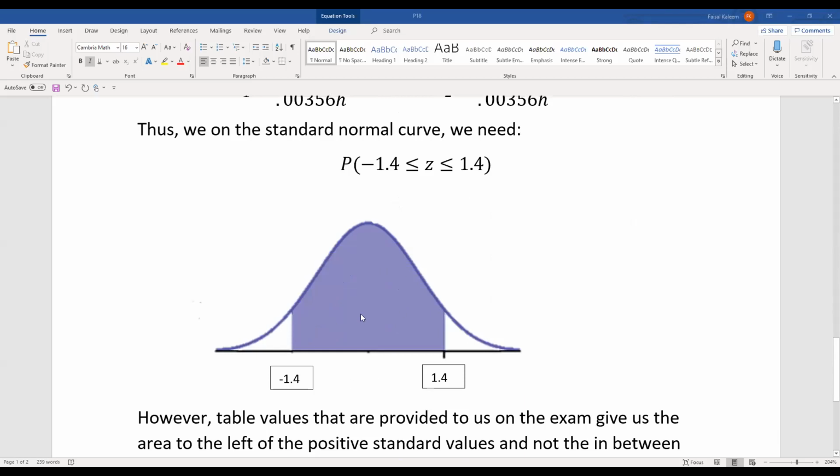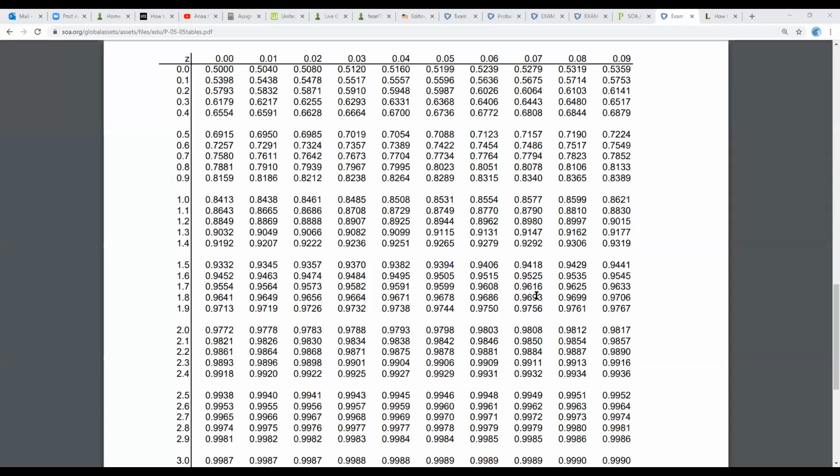However, the table that is given to us in the P exam is a table which gives only the values to the left of a z. So let me show you the table that we are given. So this is the table we are given.